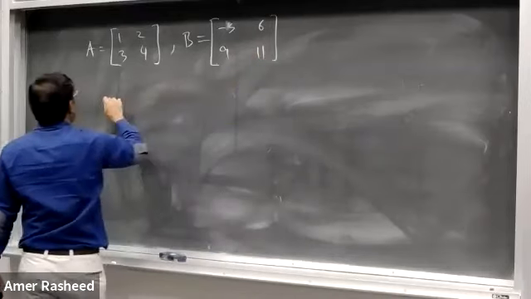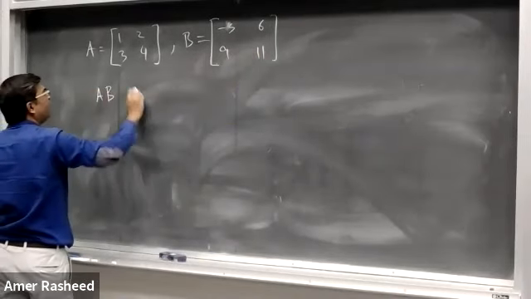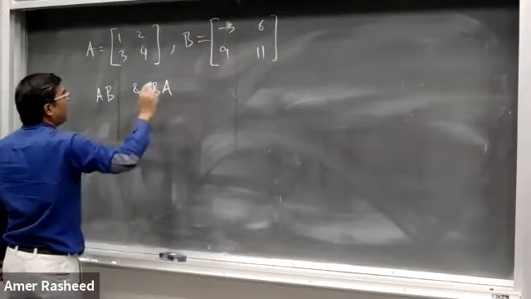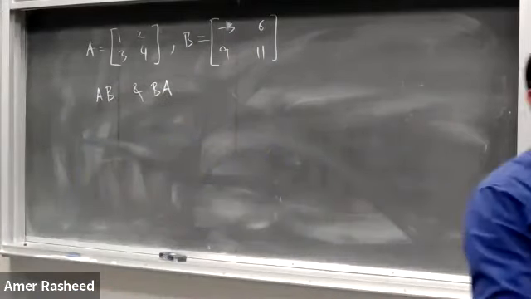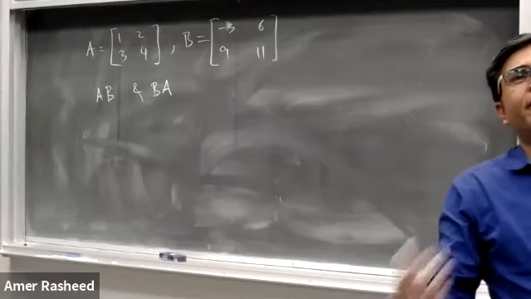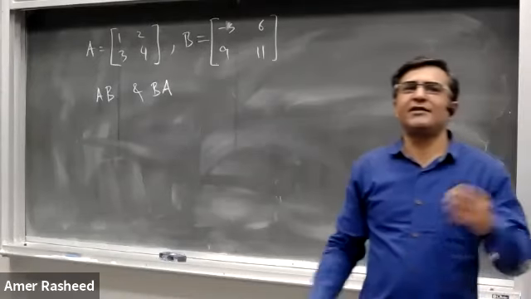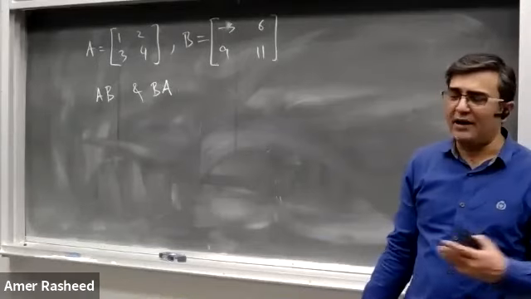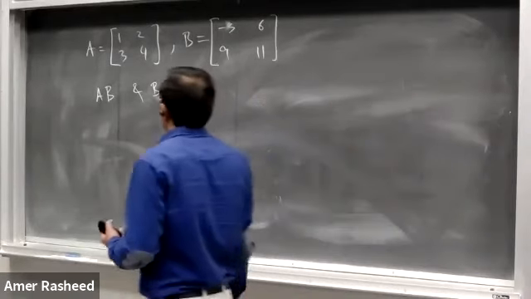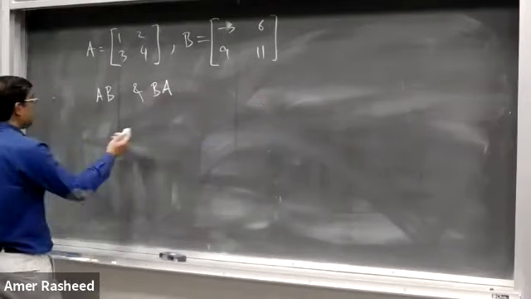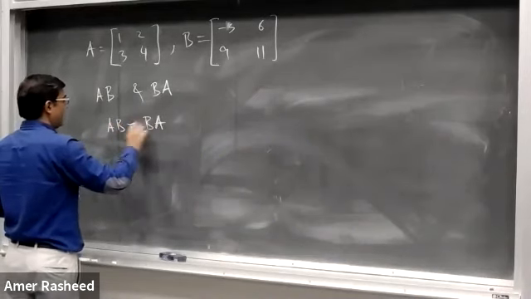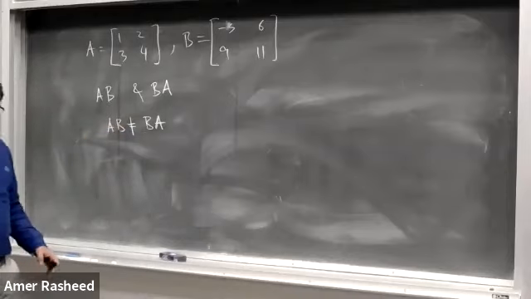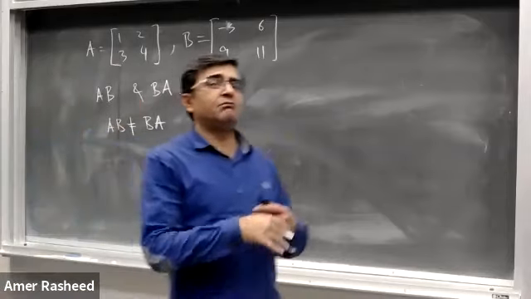Now, AB and BA, both multiplications are possible because the number of columns in the first matrix is equal to the number of rows in the second matrix in both cases. But even then, it is not necessary that AB is equal to BA. It may be equal and it may not be equal.